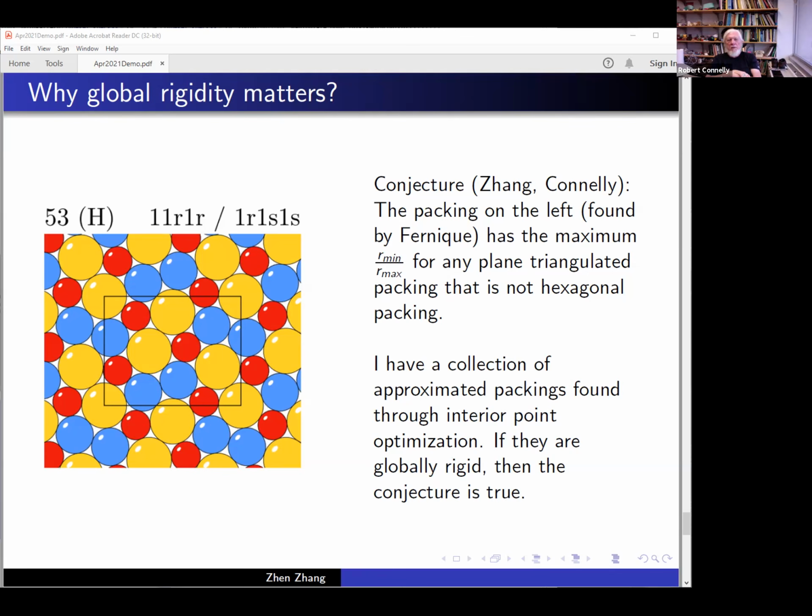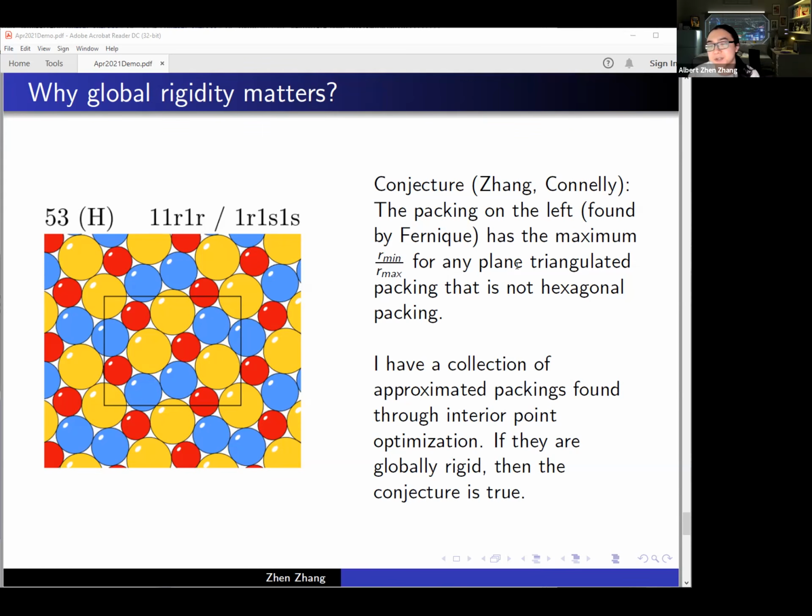And we think this is the best for a triangulated packing, the largest ratio, closest to 1. And so its density is bigger than pi over the square root of 12 because it's triangular.